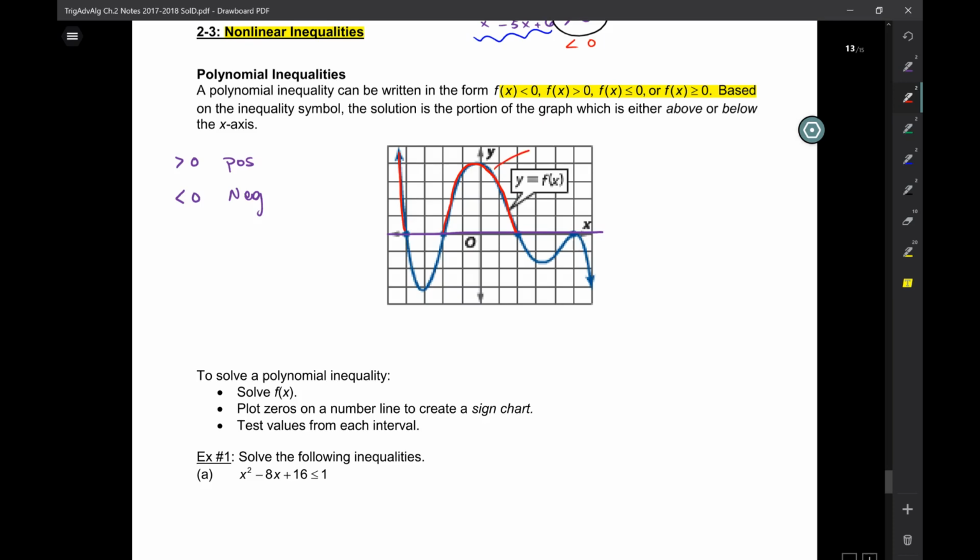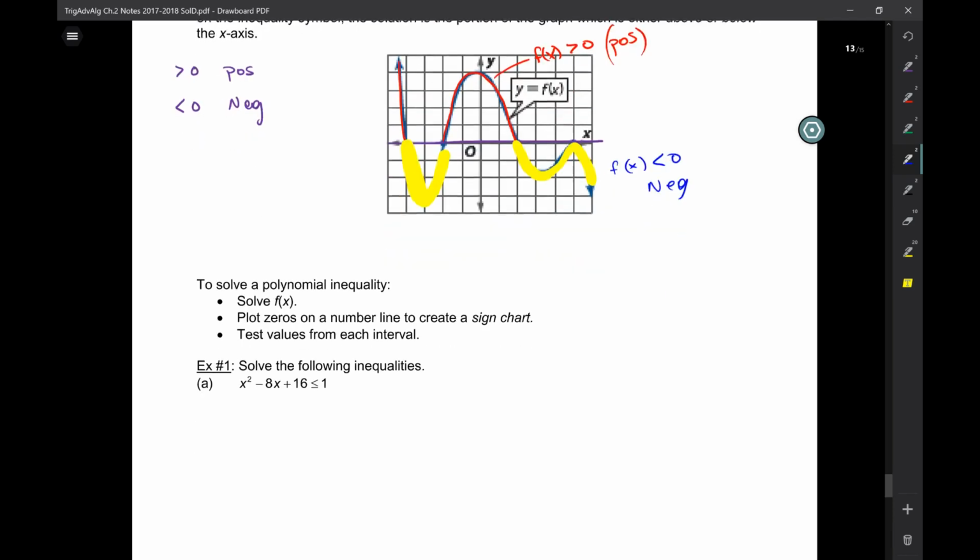So all of those is f of x greater than 0, positive. All the times where the function is below the x-axis is where f of x is negative. So here, f of x is negative. So that's what it means conceptually. When we say f of x is greater than 0, what we really mean is if we graph it, that portion of the graph is going to lie above the x-axis.